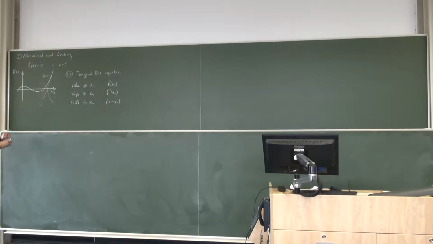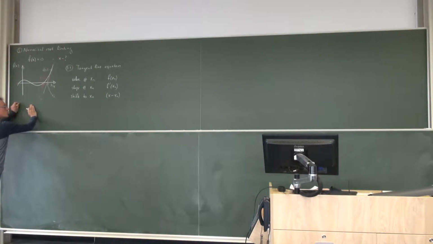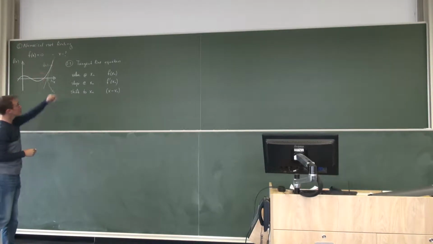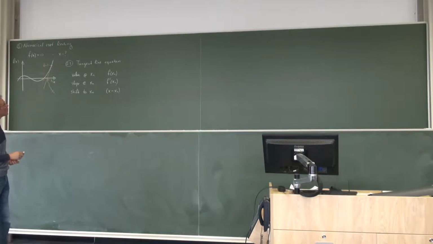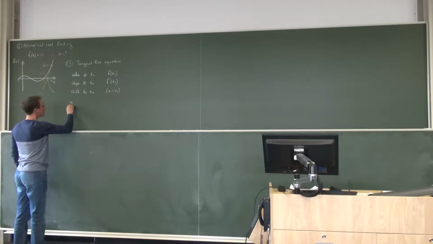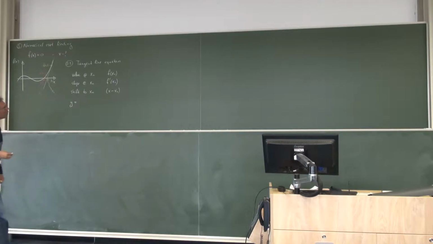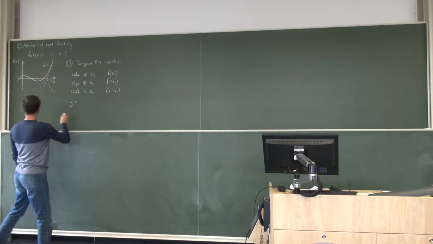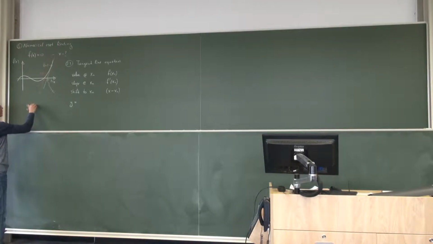So if we are looking for the tangent line, what it needs to do is to fulfill all of that. So let's say y equals. Well, okay, the slope needs to be f prime. So what we are looking for is something like this, ax plus b. A is the slope, and we know what the slope is, it's f prime.